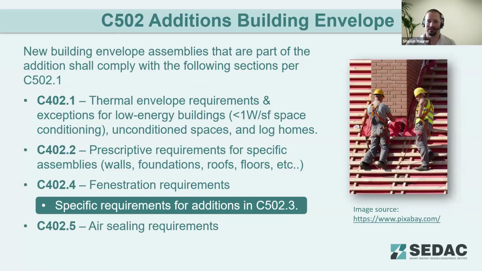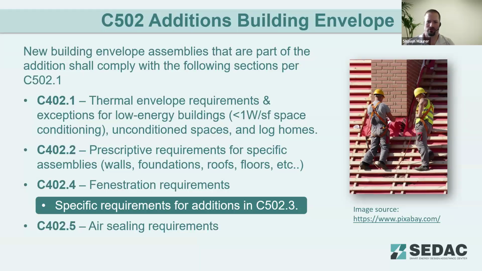So looking at C502 for additions, as far as C502.3, new building envelope assemblies that are part of the addition shall comply with the relevant sections of Chapter 4. So the thermal envelope requirements, including any exceptions for low energy building space.